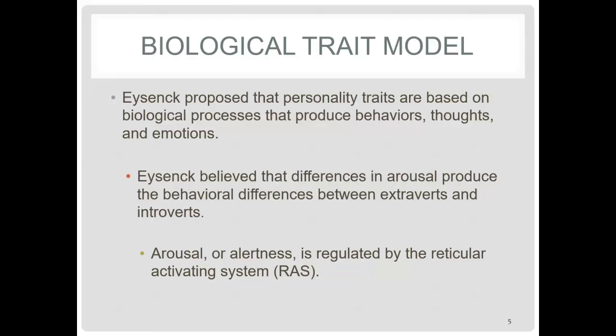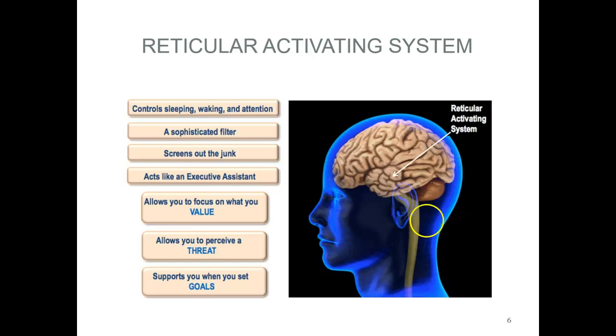Now, arousal, or alertness, is regulated by the reticular activating system, the RAS. It starts in the limbic system, and it branches through the brainstem and goes into higher brain centers. The reticular activating system is tied to sleeping, waking, and attention. It helps filter information to and from the lower parts of the body.